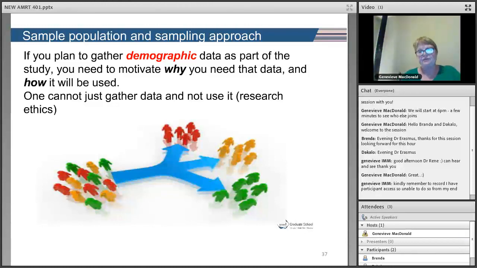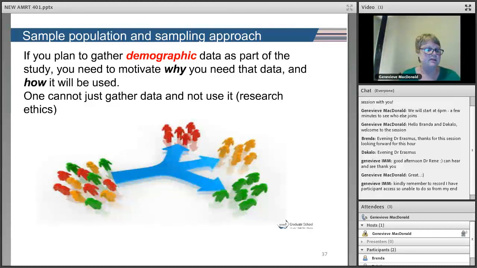If you have to gather demographic data, you have to motivate why. You cannot just ask information from people and then not use it. This is where it comes to research ethics.